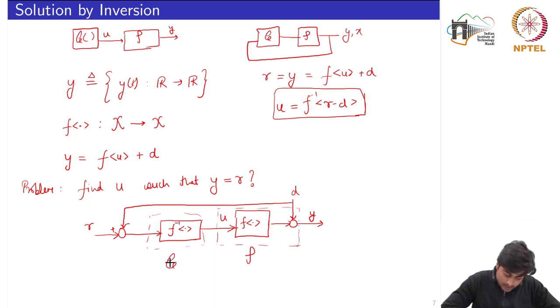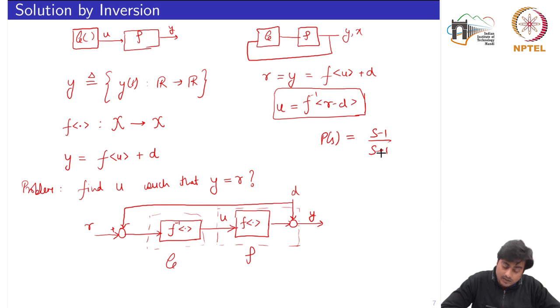There are some important points to be noticed: this control strategy, first of all, is not a good control strategy from various viewpoints. For computing the controller subsystem, we need to take the inverse of the function f. Suppose the plant is represented by some transfer function, say (s minus 1) upon (s plus 1).